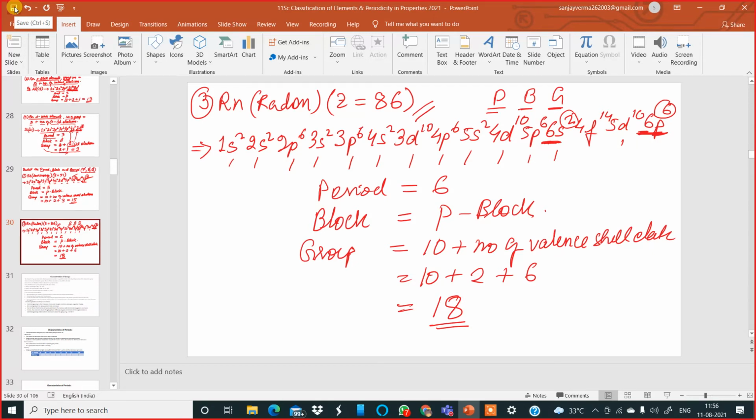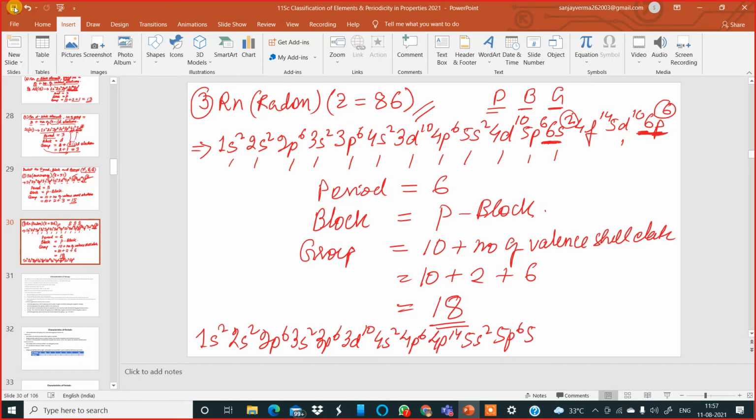If you don't want to follow the above rule, then you can simply follow the mathematical rule and write 1s2, 2s2, 2p6, 3s2, 3p6, then 3d10, after 3d10, 4s2, then 4p6, then 4d10, then 4f14, after 4f14 you get 5s2, then 5p6, then 5d10, then 6s2, 6p6.